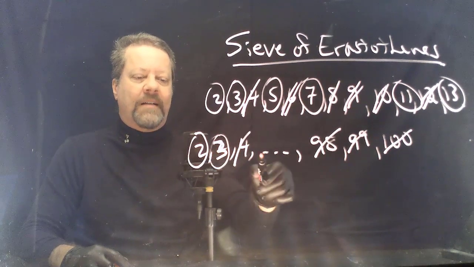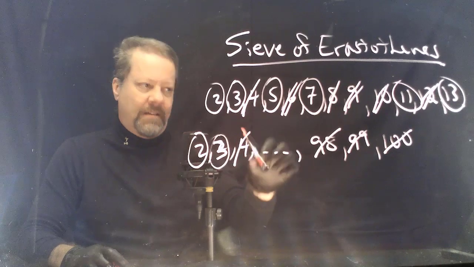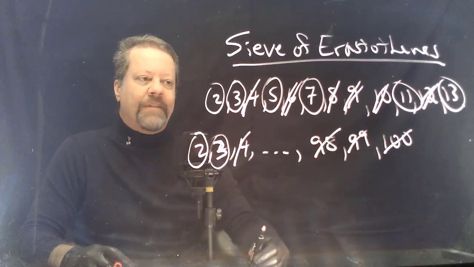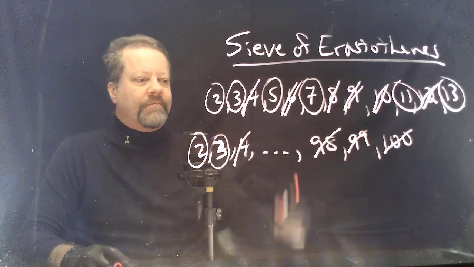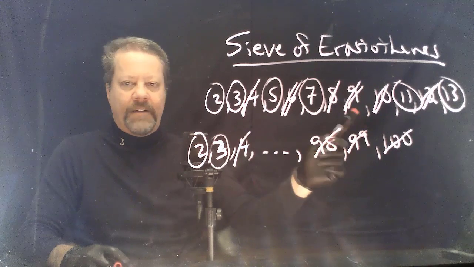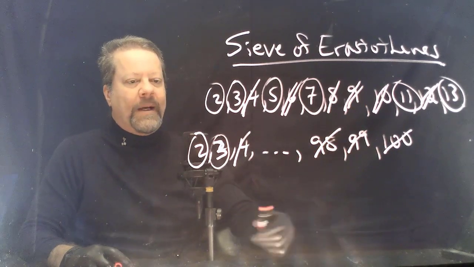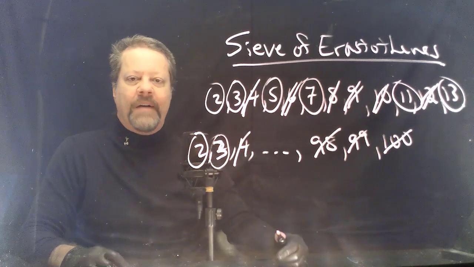The next uncrossed out number will be a prime. Take that, and cross out all of the others divisible by that number after that. If all the numbers divisible by 5, from 5 to 100, you'll cross out 10, 15, 20, 25, and so on all the way up to 100. In this way, we can arrive at a list of primes in some specified range.